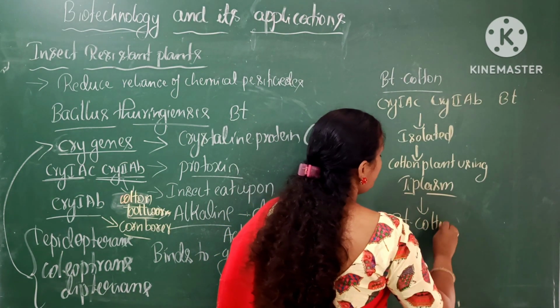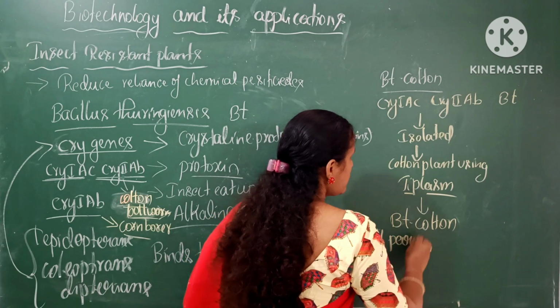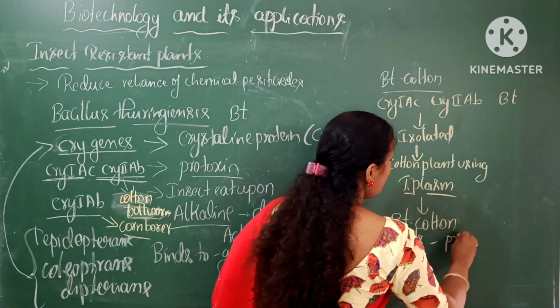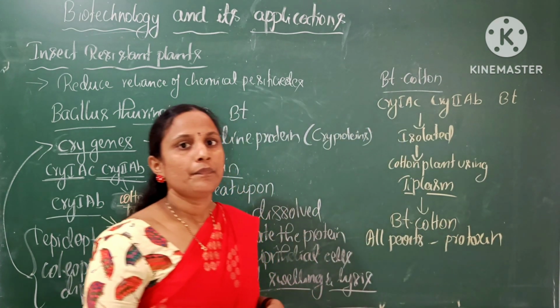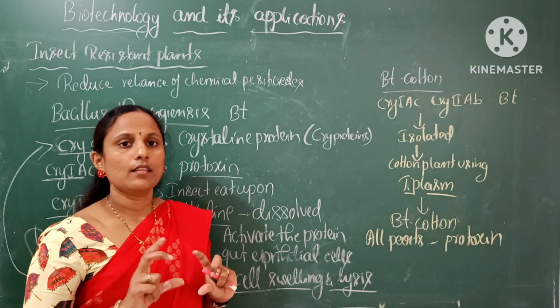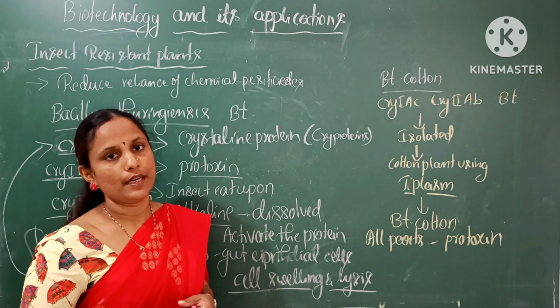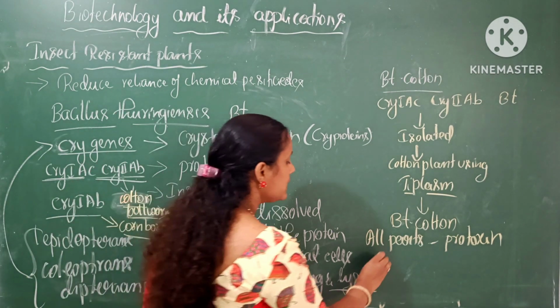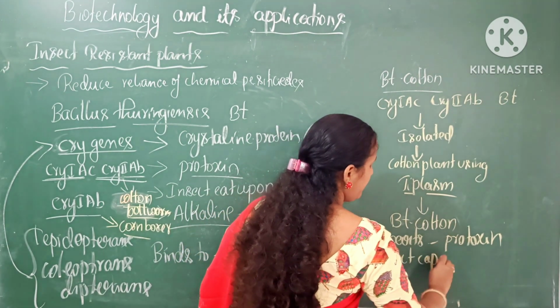and we now call it BT cotton. In all parts of the plant there is production of protoxin. That is, in leaf, bud, stem, everywhere the protoxin is produced. That is, the crystalline form of protein is produced.